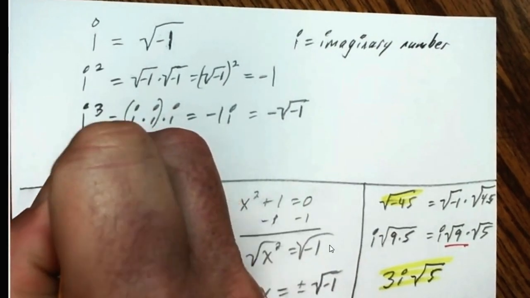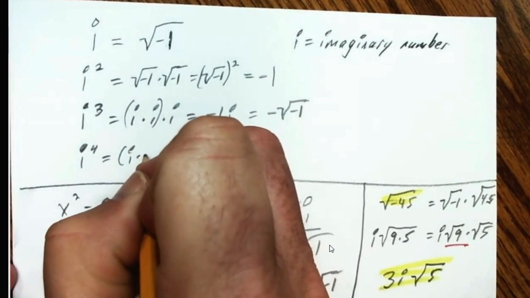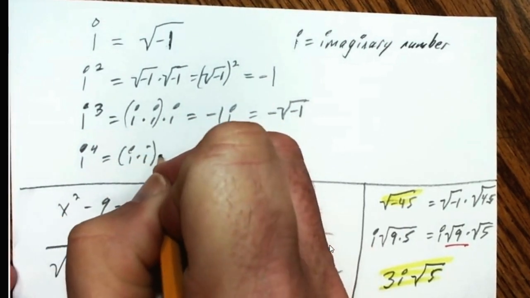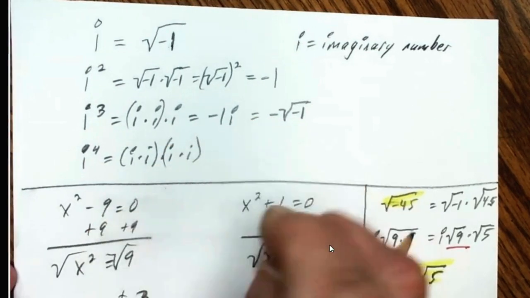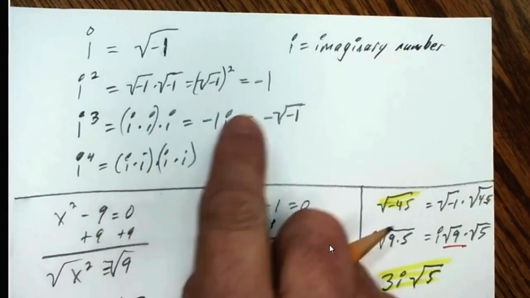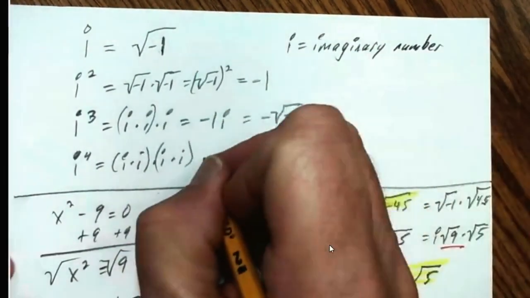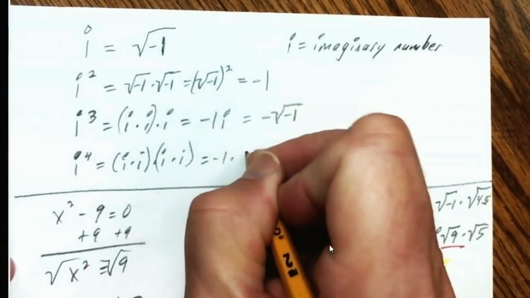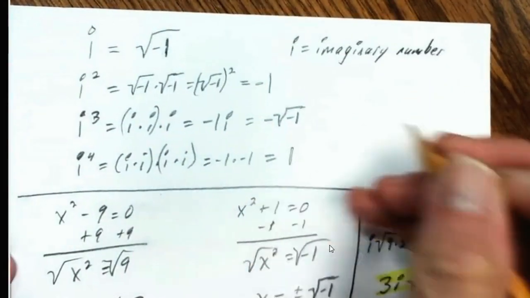i to the fourth is i times i times i times i. So look, we have 2 i squareds being multiplied times each other. Because i times i is i squared, which is negative 1, and this i times i is i squared, which is negative 1. So that's negative 1 times negative 1, which is a positive 1.